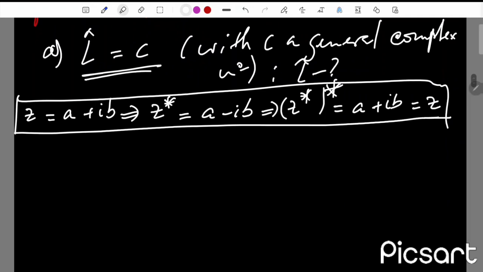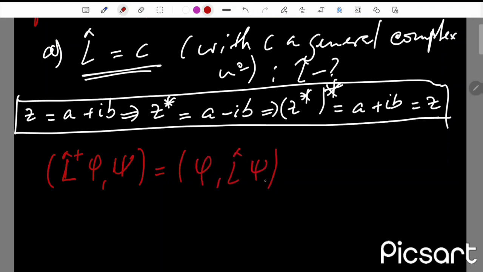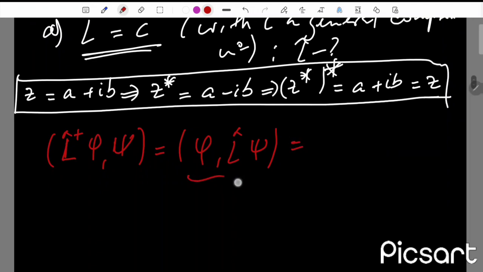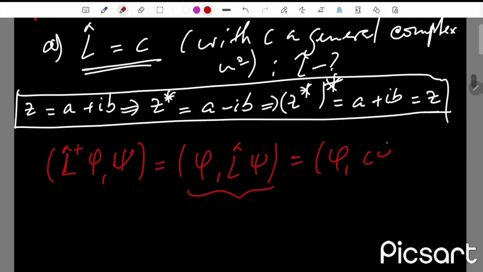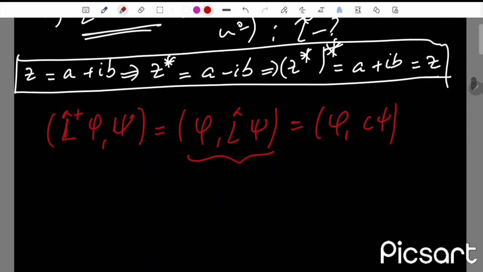Now we will use the definition. Here we will put L dagger acting on phi, psi, equal to phi, L acting on psi, and this is equal actually to phi, C, which is the operator for us, psi.